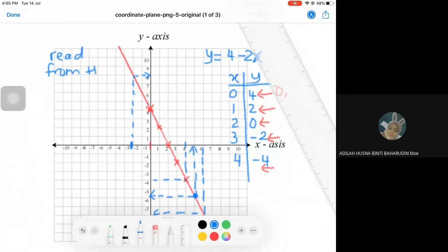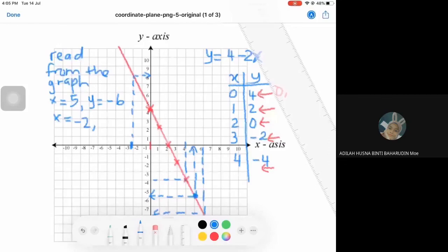So from the graph, when X equals to 5, Y equals to negative 6 kan? Betul ke? Betul. So sama juga dengan nilai yang lain yang cikgu baca tadi. When X equals to negative 2, Y equals to 8.